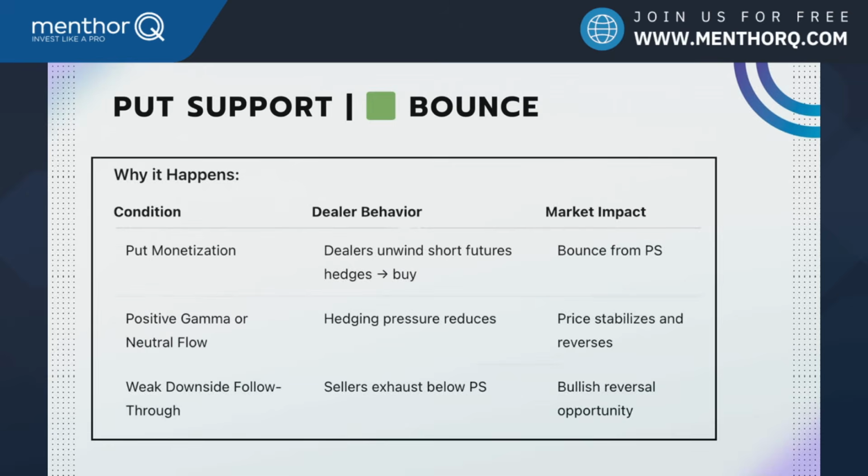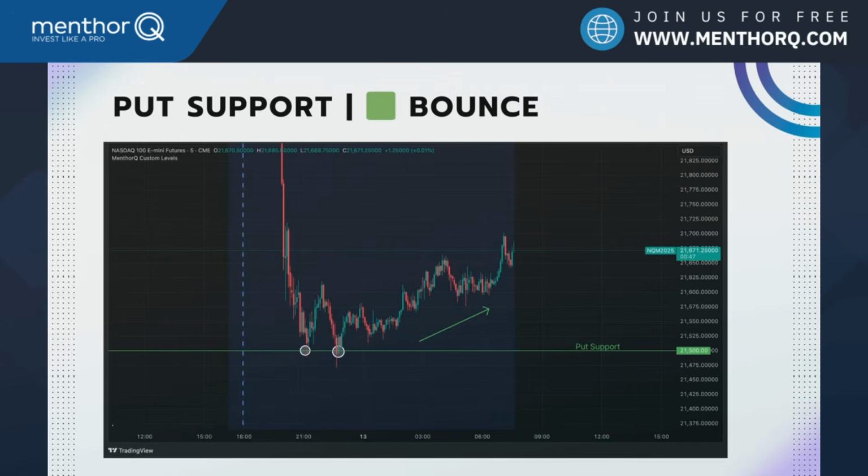Those are the things, again simplified, on how you should be looking at the put support when we're looking at the bounce. And then we can actually see an example here. This is an old example of when the price dropped, reached put support, retested the level, and then kind of bounced back to the upside.